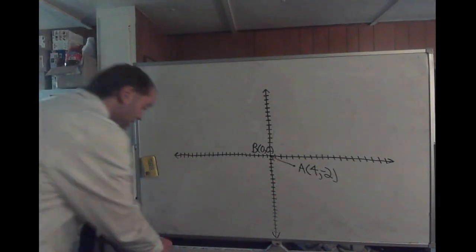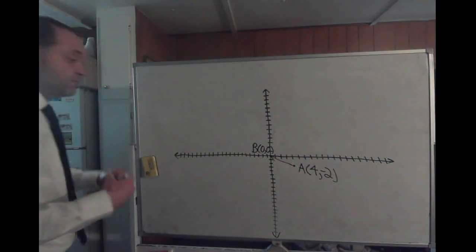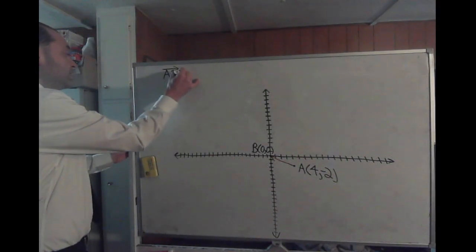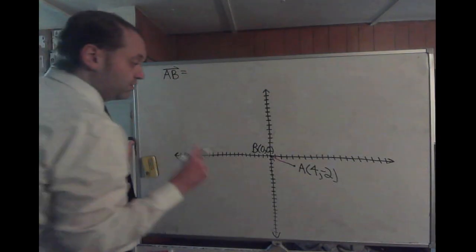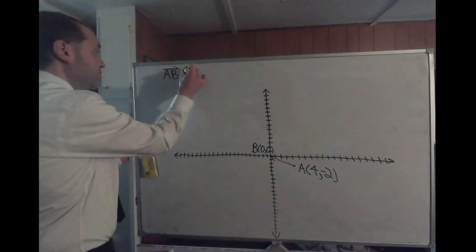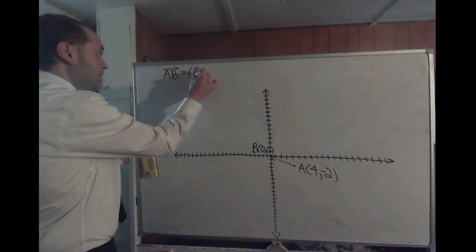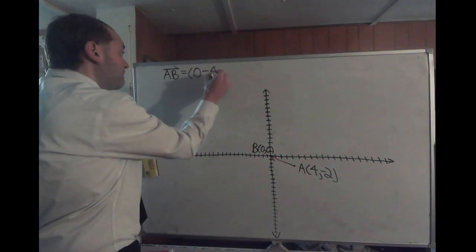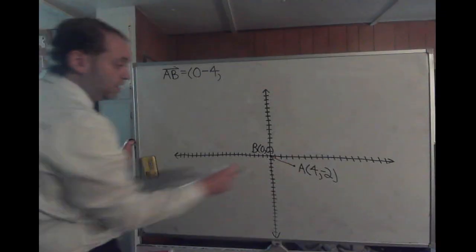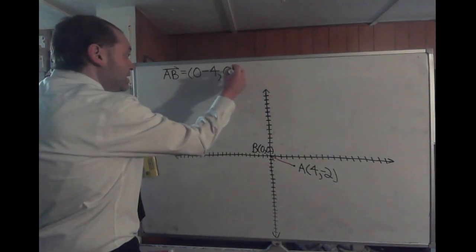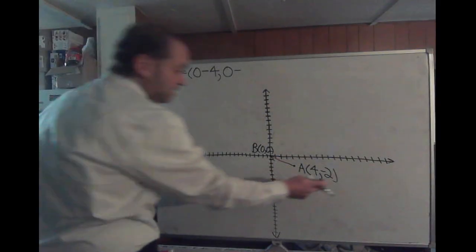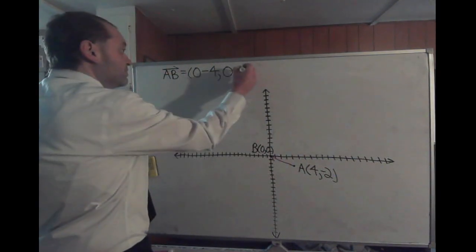Now we need to find the value of the vector from A to B. So for vector AB, of course, you're going to take your second x-coordinate of 0, since B is your second coordinate, minus your first x-coordinate of 4. Then you'll take your second y-coordinate of 0 minus your first y-coordinate of -2.